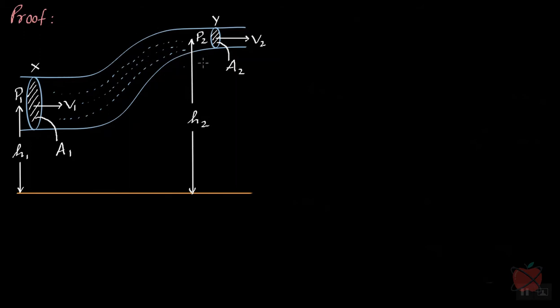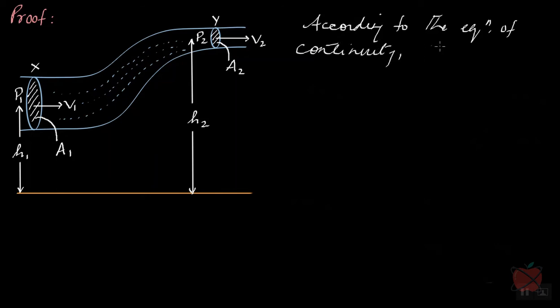Now, since this is an incompressible fluid flowing steadily, according to the equation of continuity, the speed is inversely proportional to the area of cross-section. So the smaller the area of cross-section, the larger will be the speed.